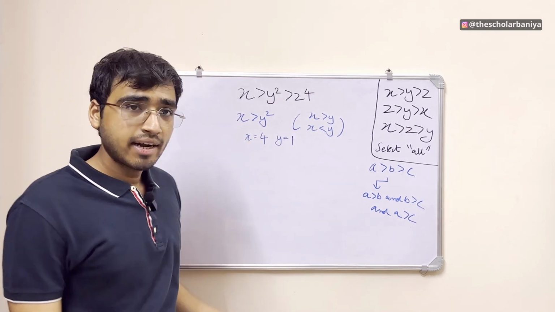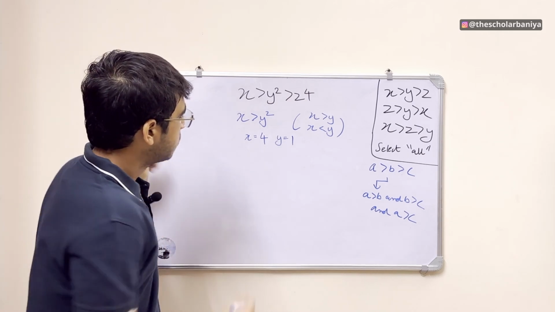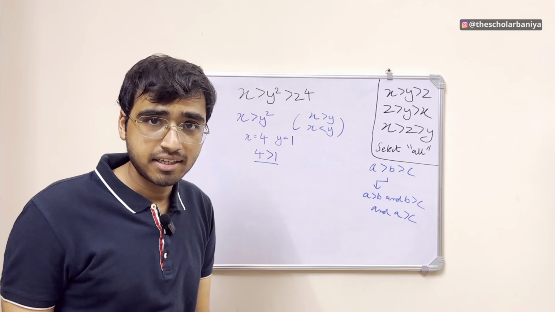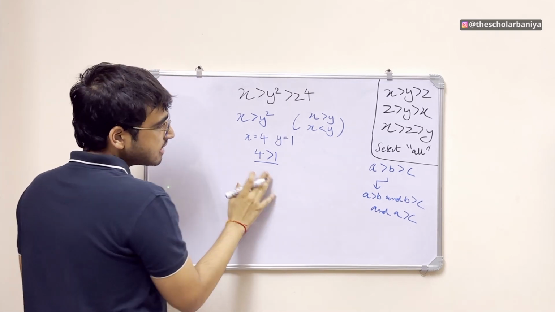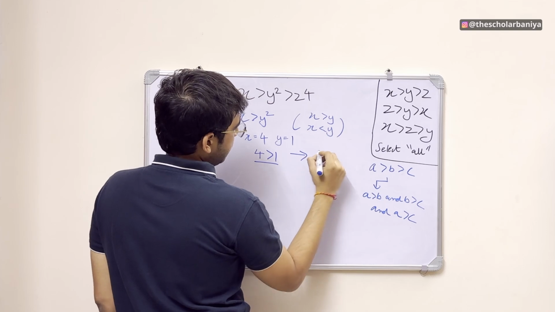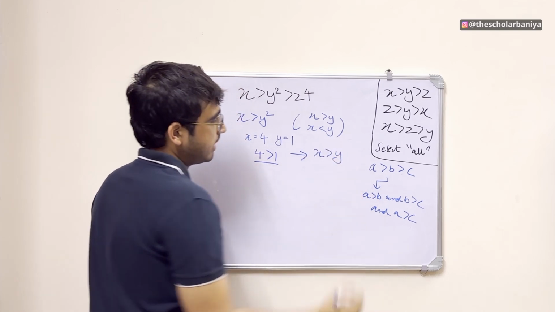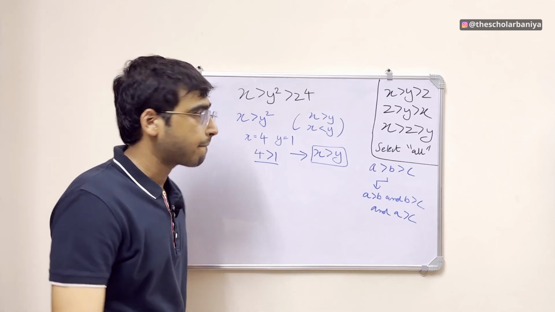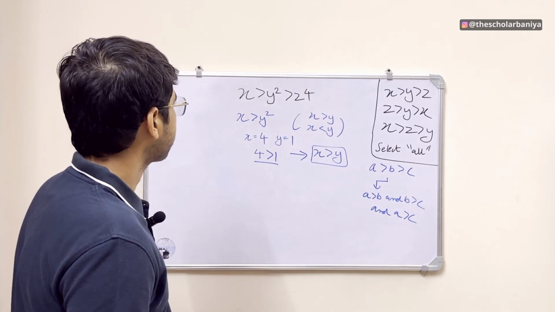So x is greater than y square means 4 is greater than 1 square, which is 1. Absolutely right. Okay, so in this case what happens is that x is greater than y, so this is a possibility.